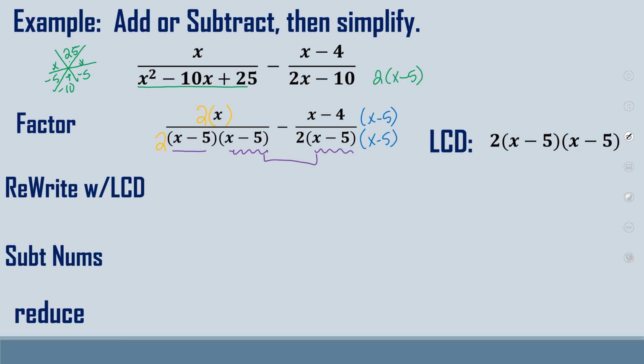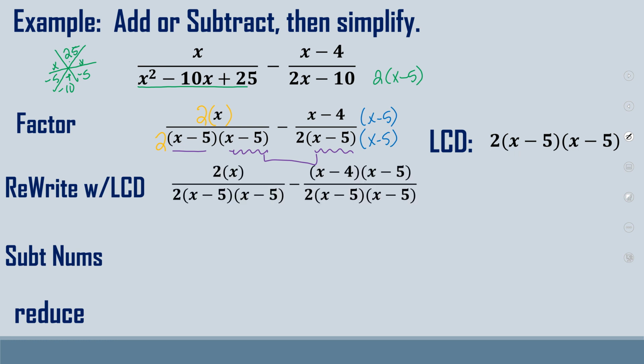So I need to multiply that in numerator and denominator. So there's everything rewritten. Okay, before we can subtract, we've got to do 2 multiplied by x. So that's just 2x. Okay, so that numerator for the first one is just 2x. Got that. But we need to get x minus 4 multiplied by x minus 5. Let's tuck that over to the side.